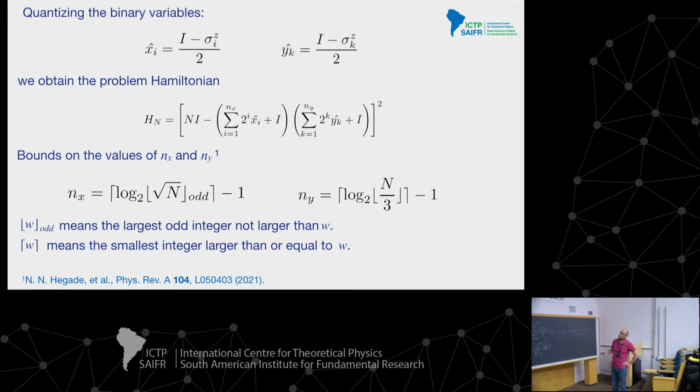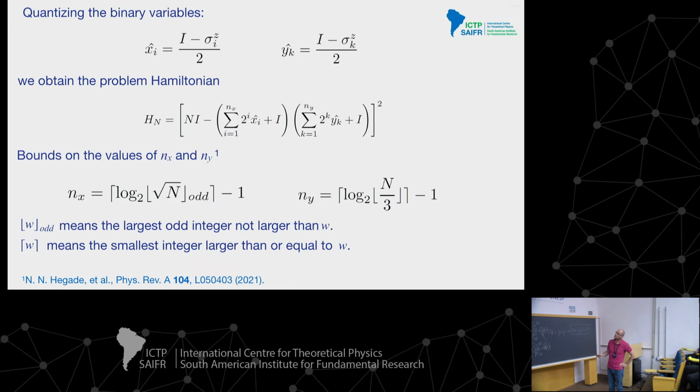There is a paper in which they show that this is the right expression for the values of nx and ny. This article here. I don't know if you are familiar with these mathematical symbols. Floor function means the largest odd integer not larger than w.